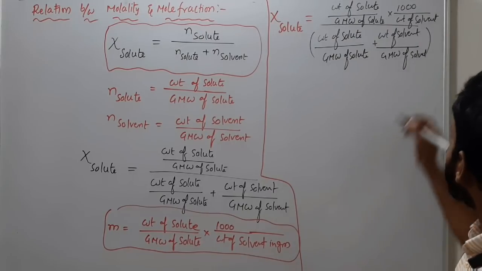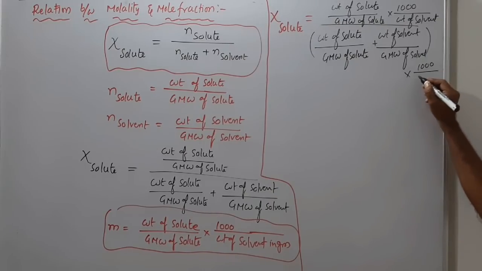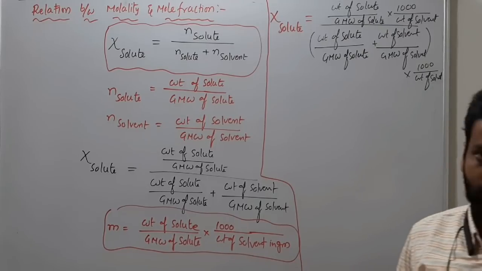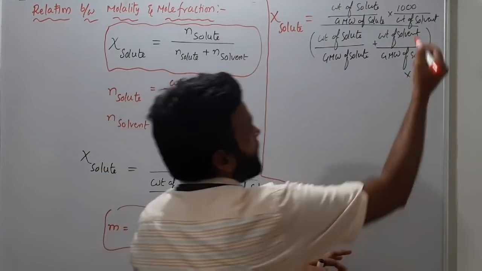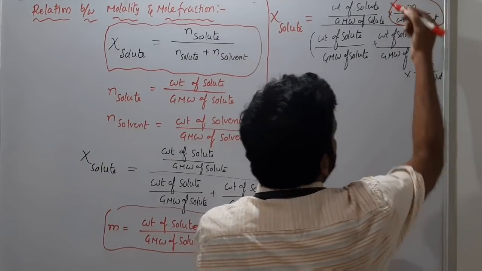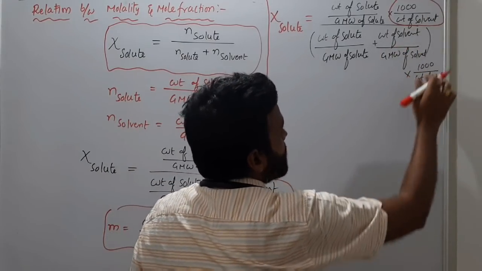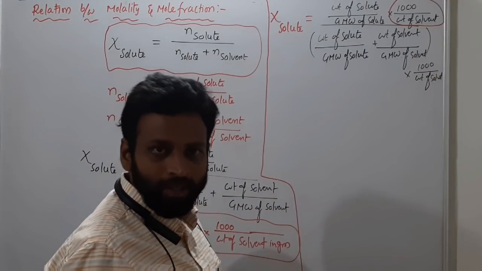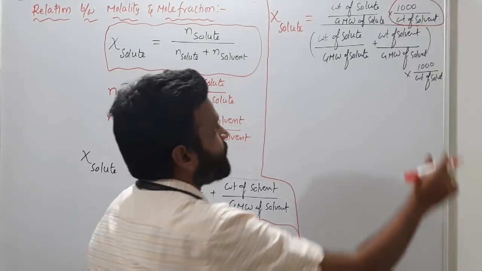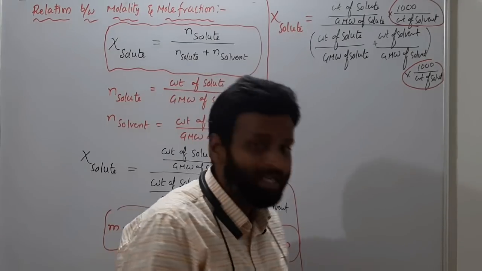For this also I have to multiply, that is 1000 by weight of solvent. What did you understand? Both numerator and denominator I multiplied with 1000 by weight of solvent. Got it, what I did? Okay. So by using this term I multiplied both numerator as well as denominator.